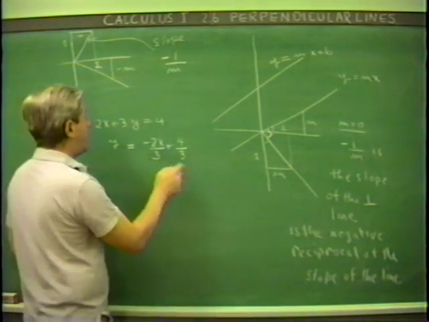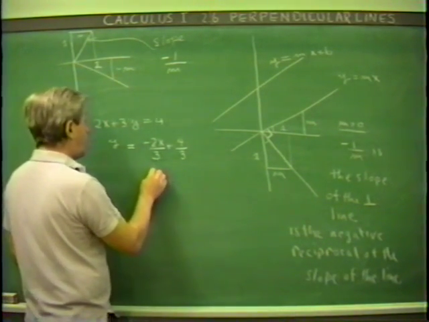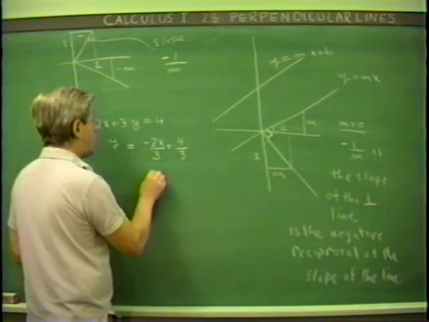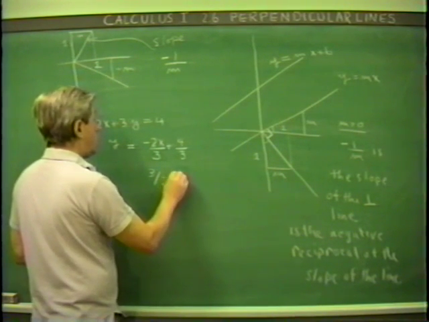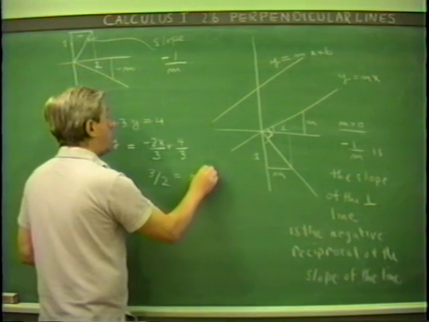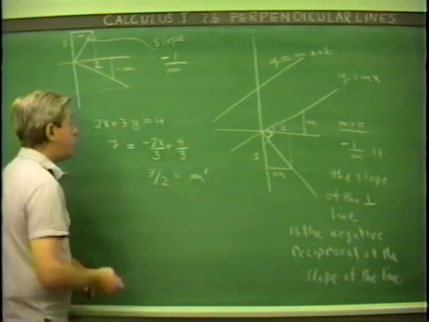The slope of the line is minus 2/3. The slope of a perpendicular line will be 3/2, like that, as m prime.